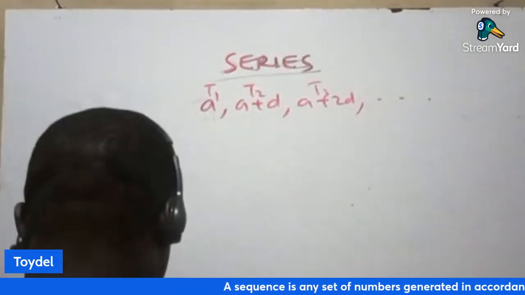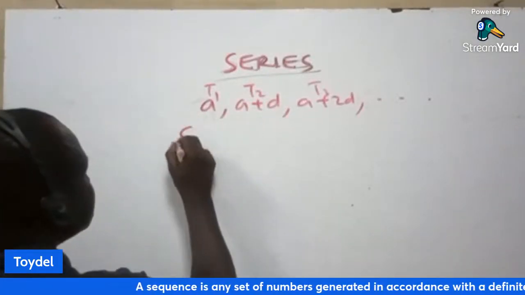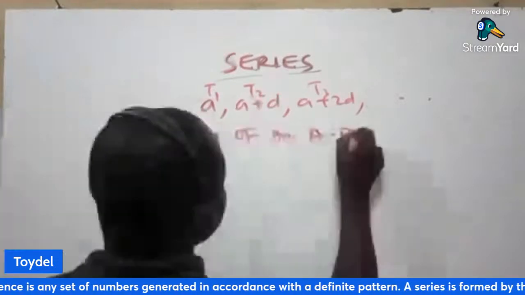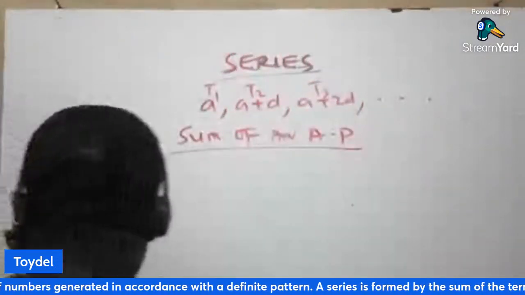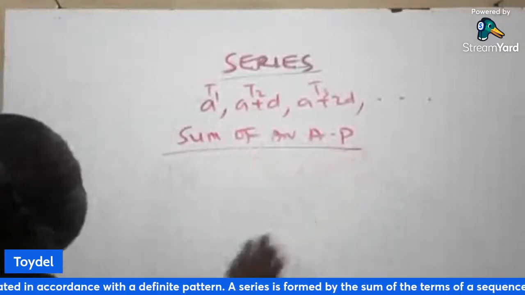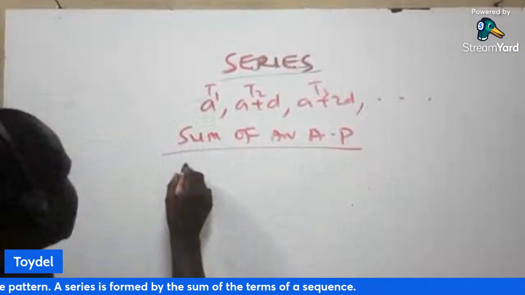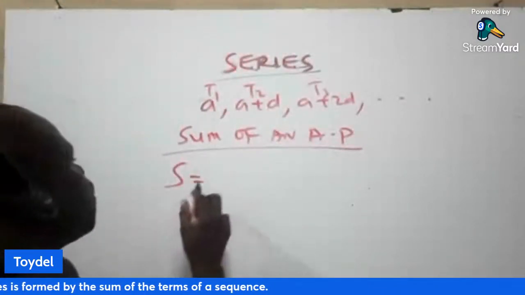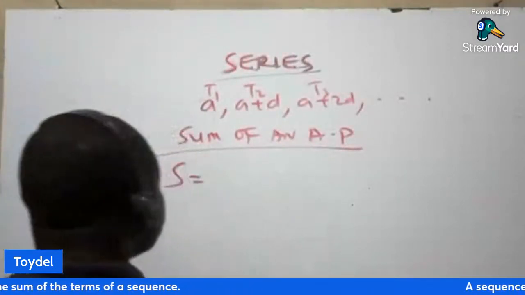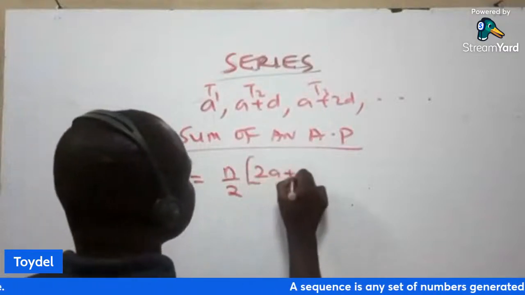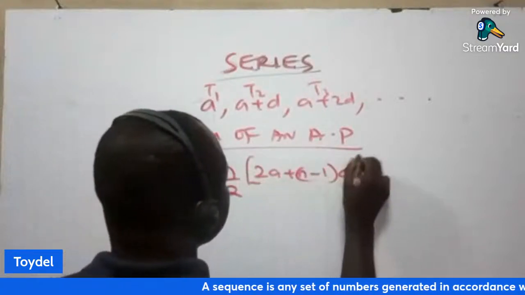So for an AP, we can say the sum of an AP. That is, if you have a linear sequence, what is the sum of everything together? The sum by formula is given as n over 2 into brackets 2a plus n minus 1 d.